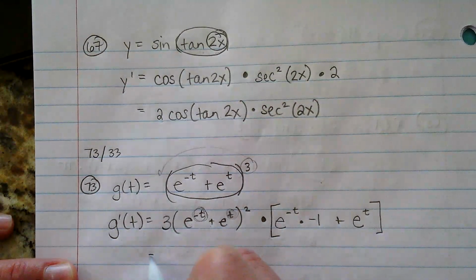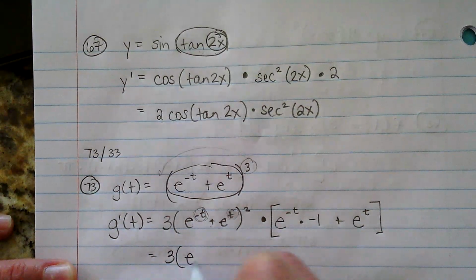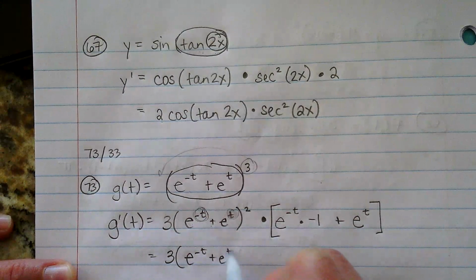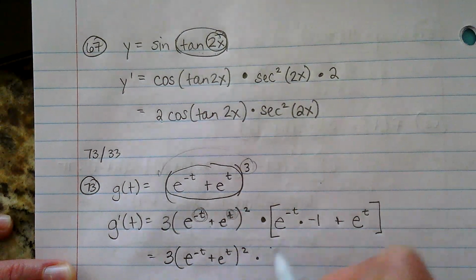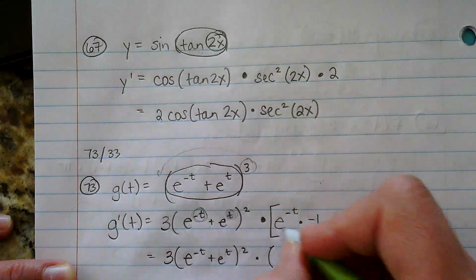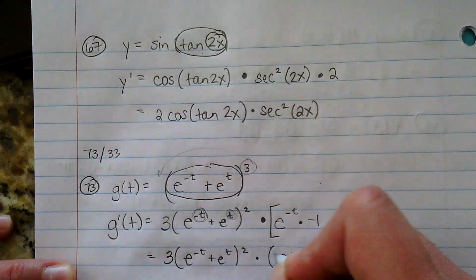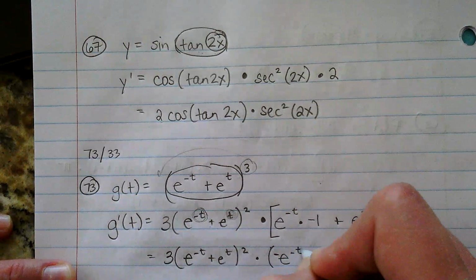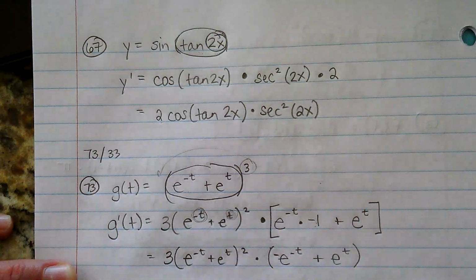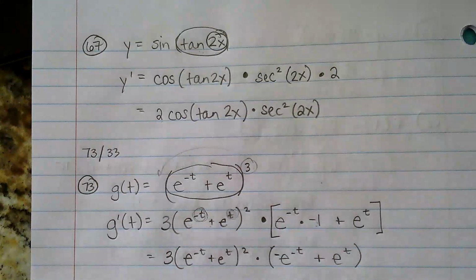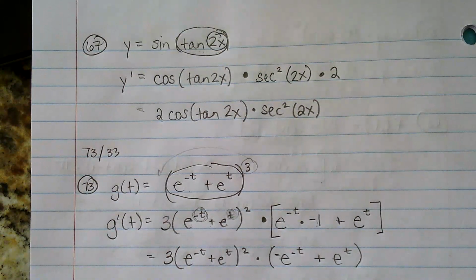So I get 3, I'm going to leave this, e to the negative t plus e to the t, squared, times, I'm just going to call this negative e to the negative t, right there, plus e to the t. And that would be right, it's just, is that the same format?